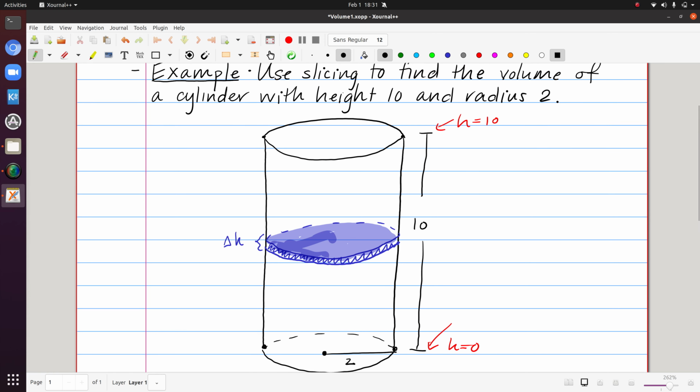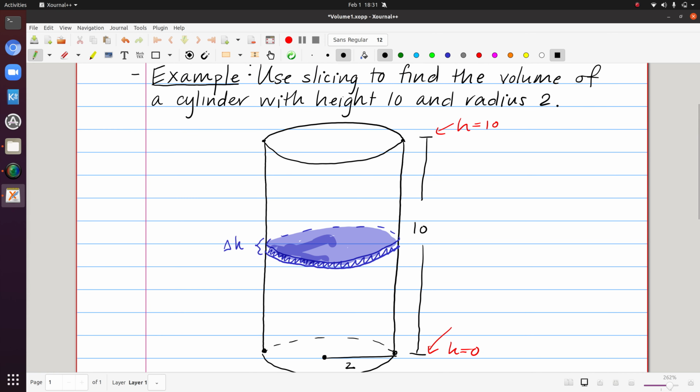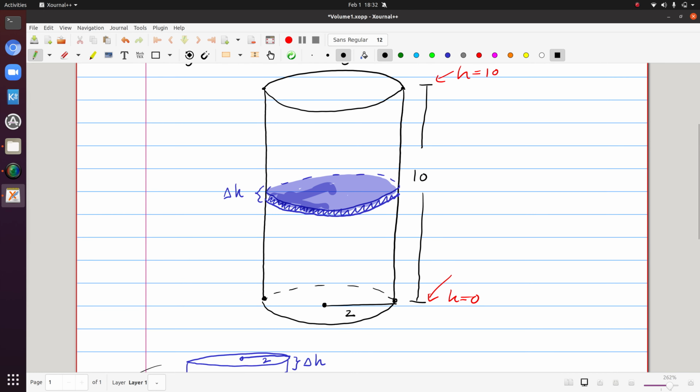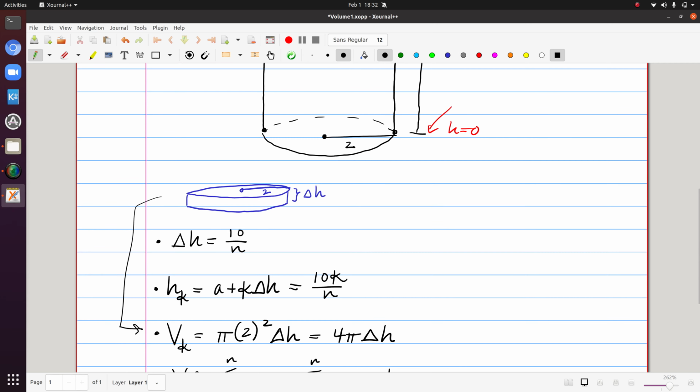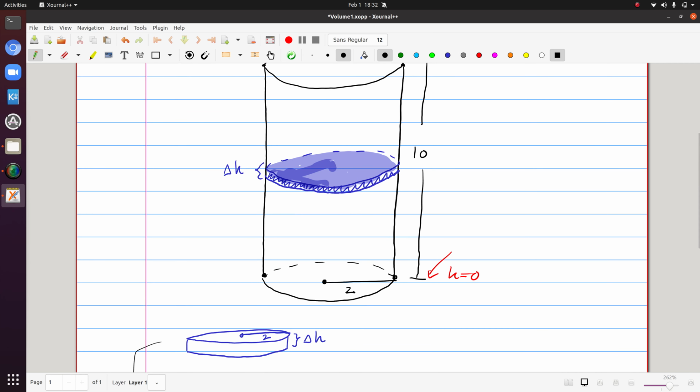And one thing I'll really emphasize in the other videos is the significance of the fact that in this example, the volume of my slice was constant. So as I moved up the cylinder, the volume of the resulting slice did not change. We're going to see that that doesn't always happen, and in the next few videos, we'll have to see what added difficulty that might present and how we can deal with that.